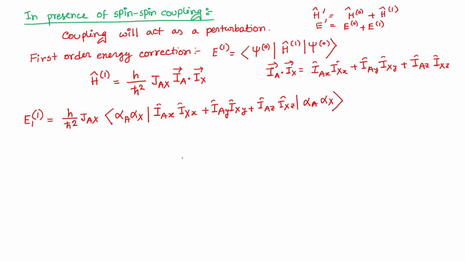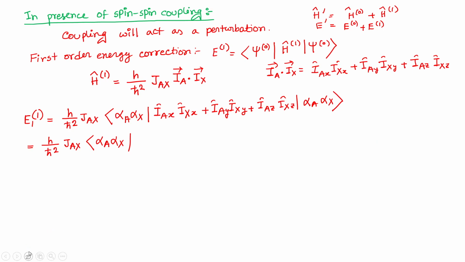You can break it into the three things, but I will try to do it together. So alpha X is going to operate on alpha A, and alpha XX is going to operate on alpha X.